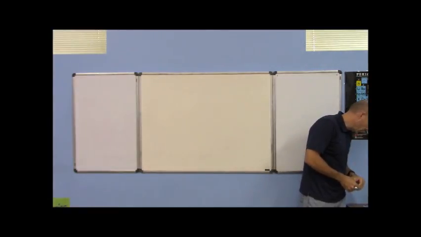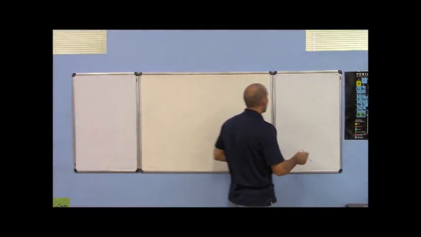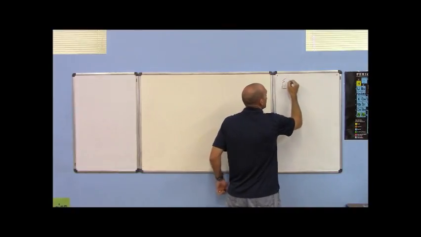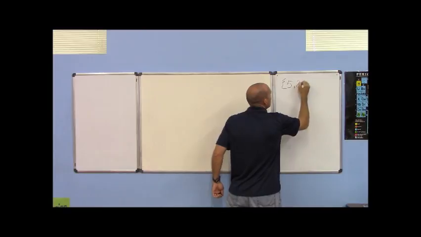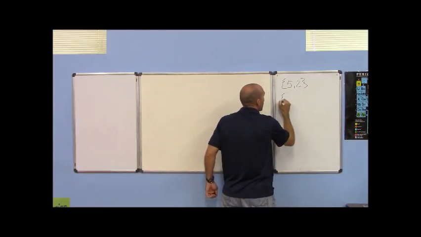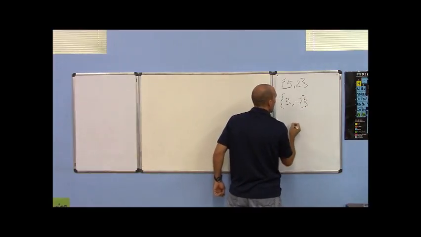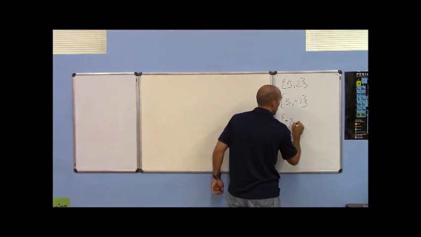In order to take coordinates, let's say we had 5 and 2, we had 3 and -7, and then -2 and -2.